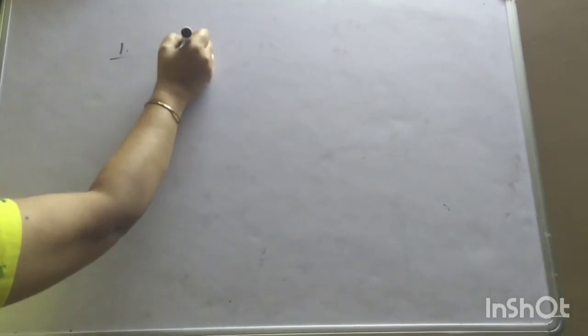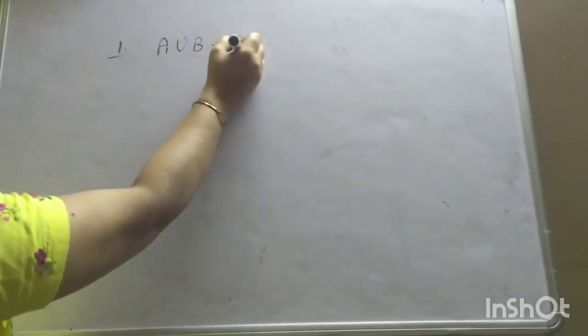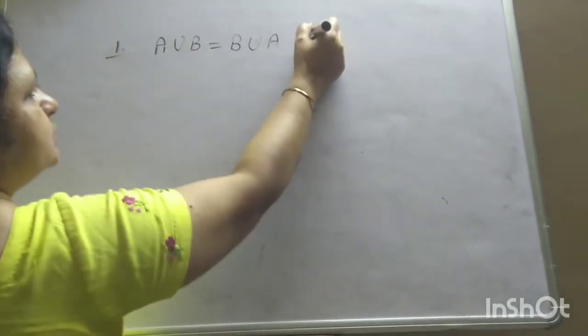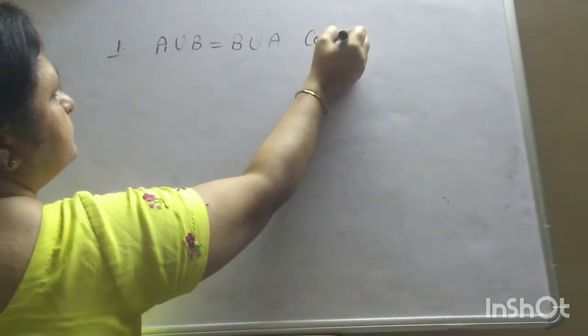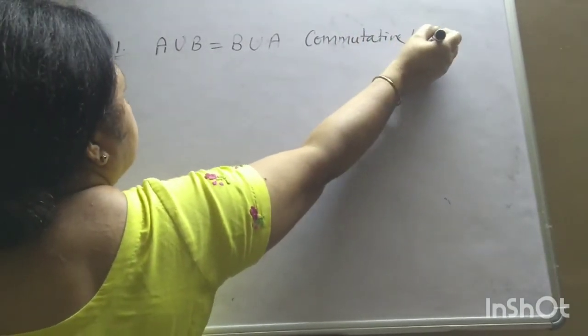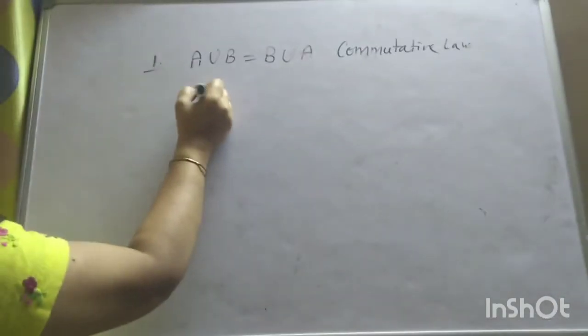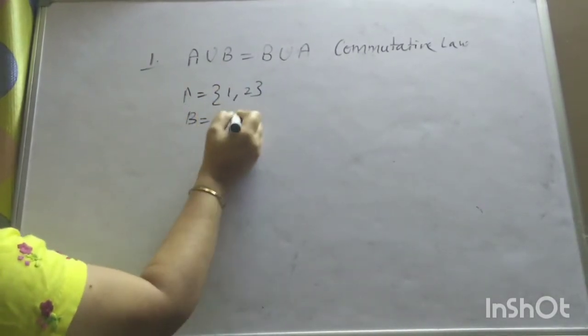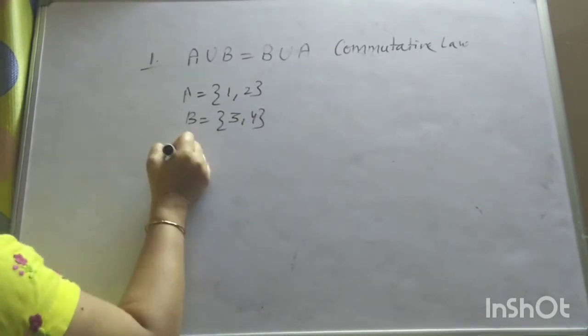Now we will discuss some properties of the operation of union. First one is A union B is equal to B union A. This is commutative law. For example, set A is 1, 2, set B is 3, 4.